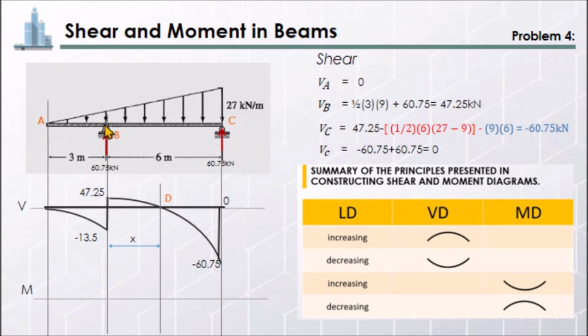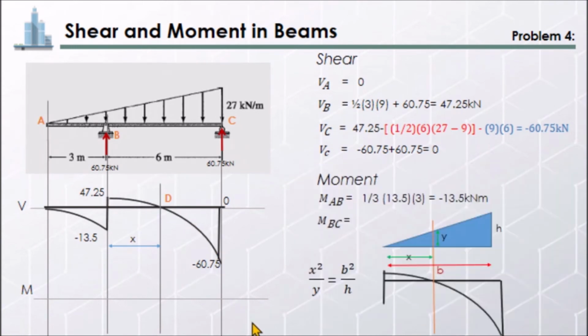So, again, from B to C, ano yung ating load? So, increasing siya. So, from 9 kilonewton meter to 27 kilonewton meter, increasing. So, again, pag nag-draw tayo, that is concave downward. So, ito siya. Concave downward.